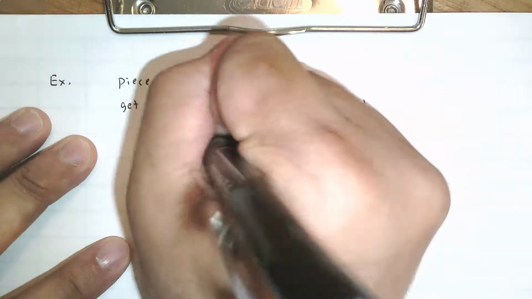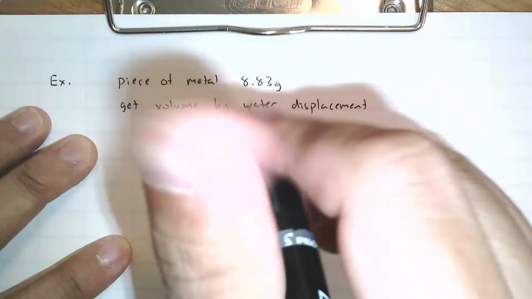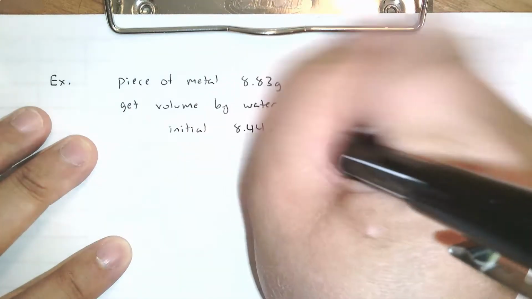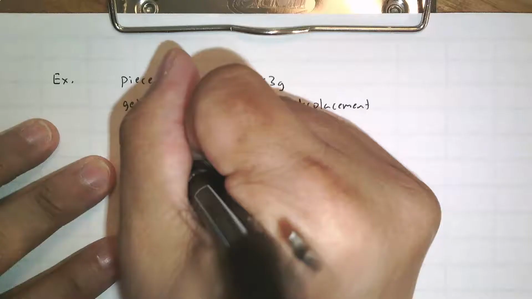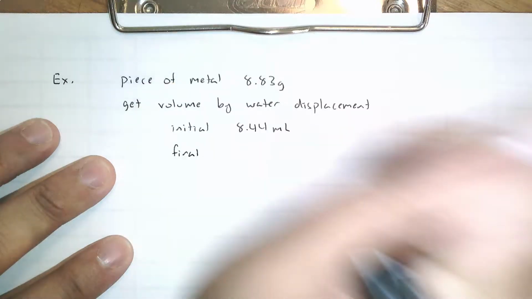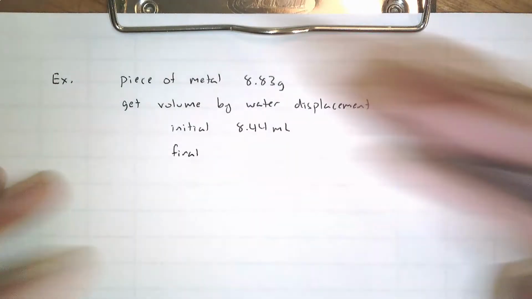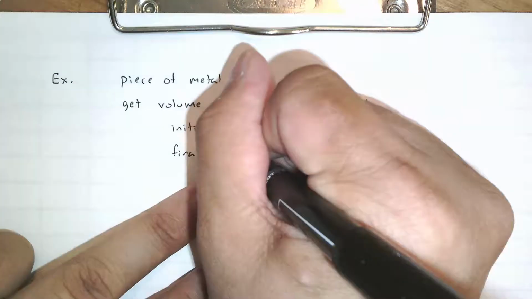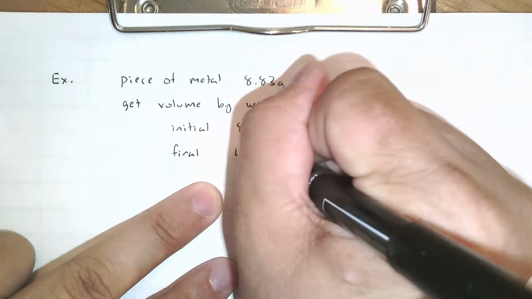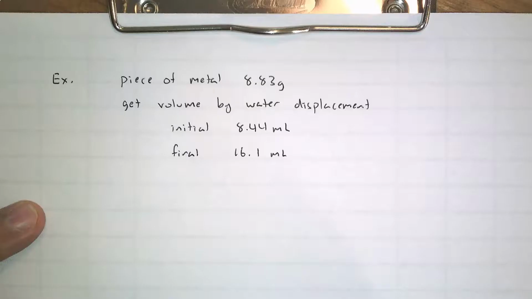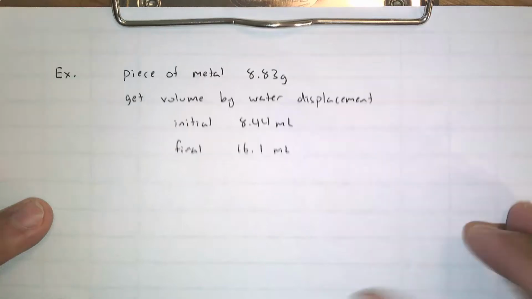The initial water level is 8.44 milliliters. And then the final, after you put this into the water, due to the limitations of the glassware, I'm going to the 10th place, and it goes to 16.1 milliliters. The question is, what is the density?